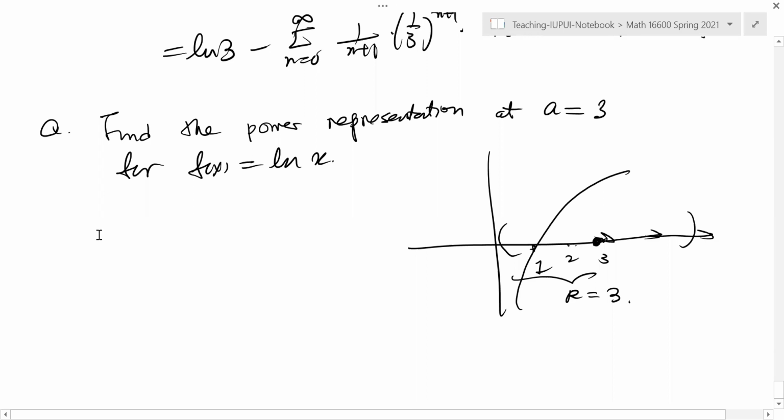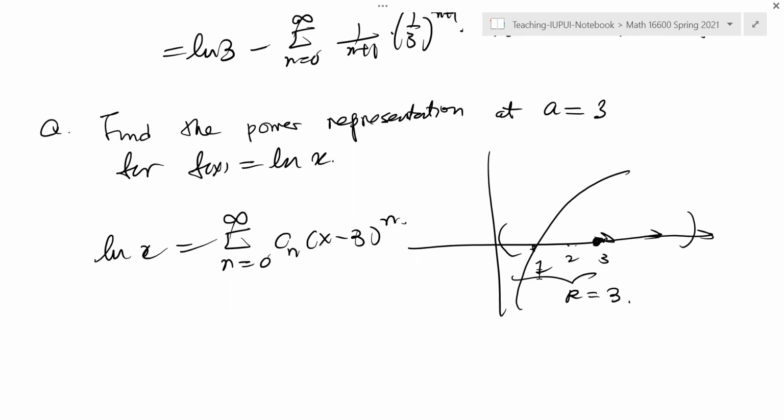So I want to make sure this is going to be c_n here and x minus 3 to the nth power. So the series on the right-hand side is convergent over the interval from 0 to 6, and convergent to the natural log of x.